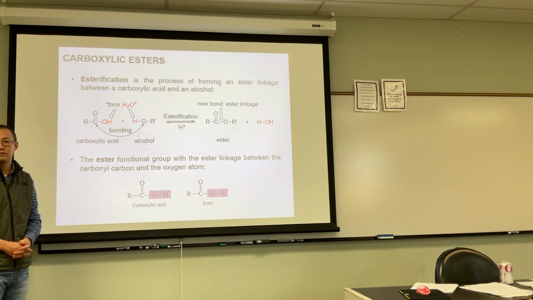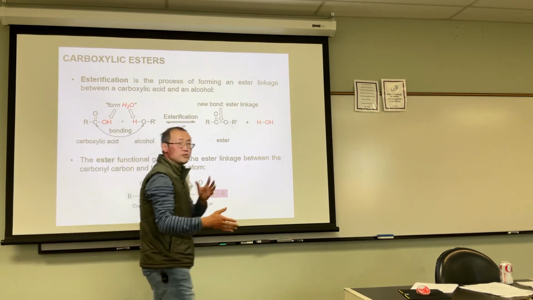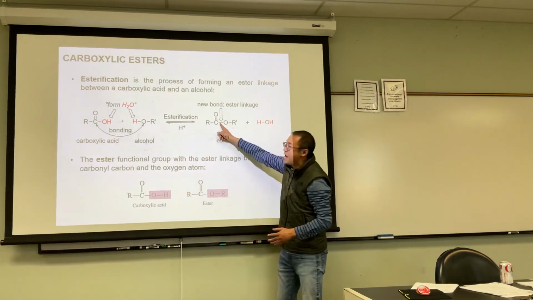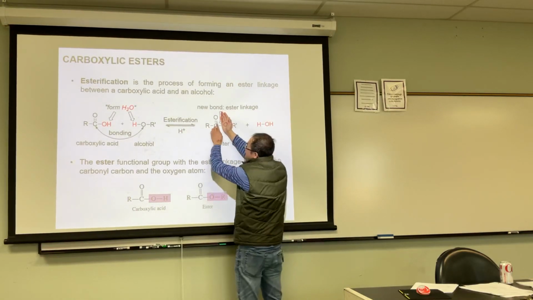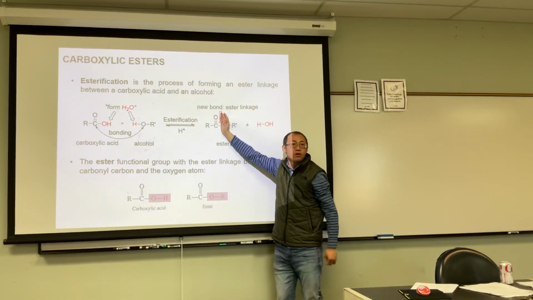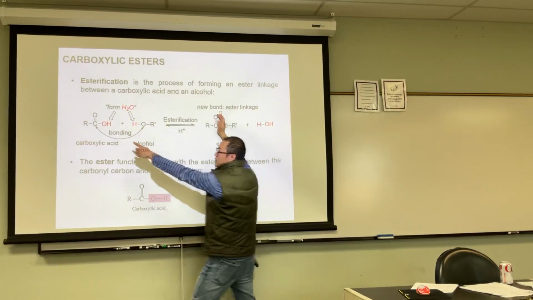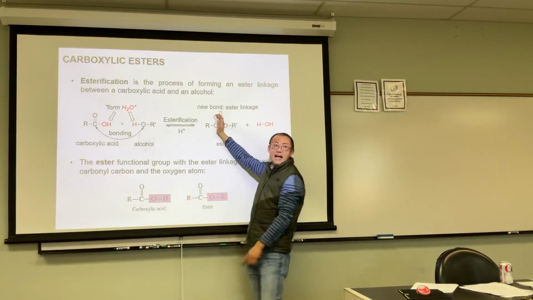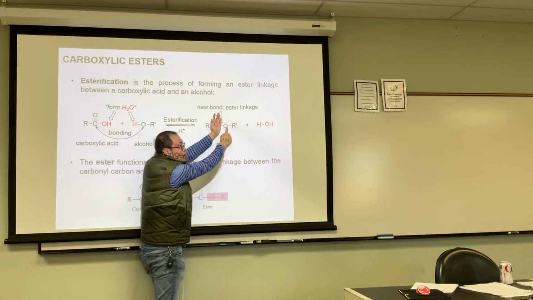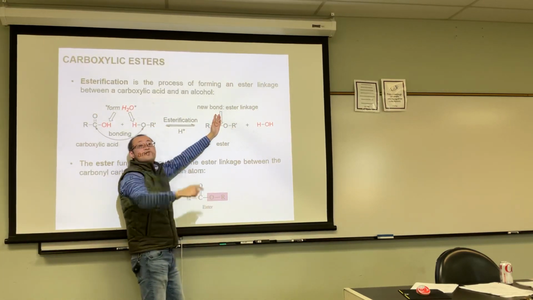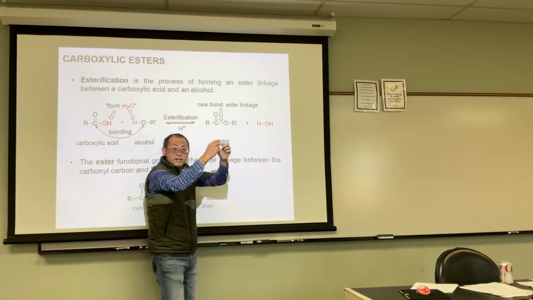We'll talk about this many times. If you look at the ester, this is the bond again. This side with the CO is from the carboxylic acid. Is that right? This side, the RO, is from the alcohol. There are two molecules joined together.